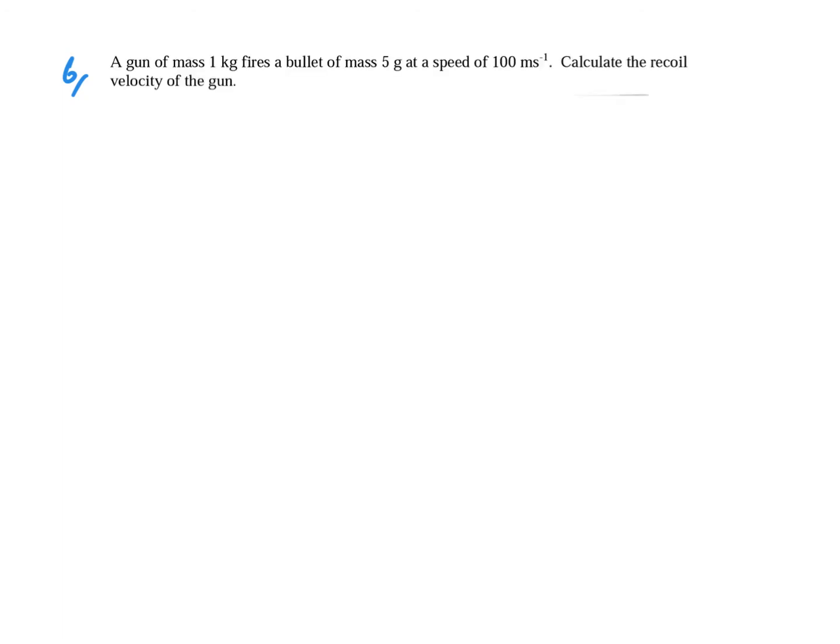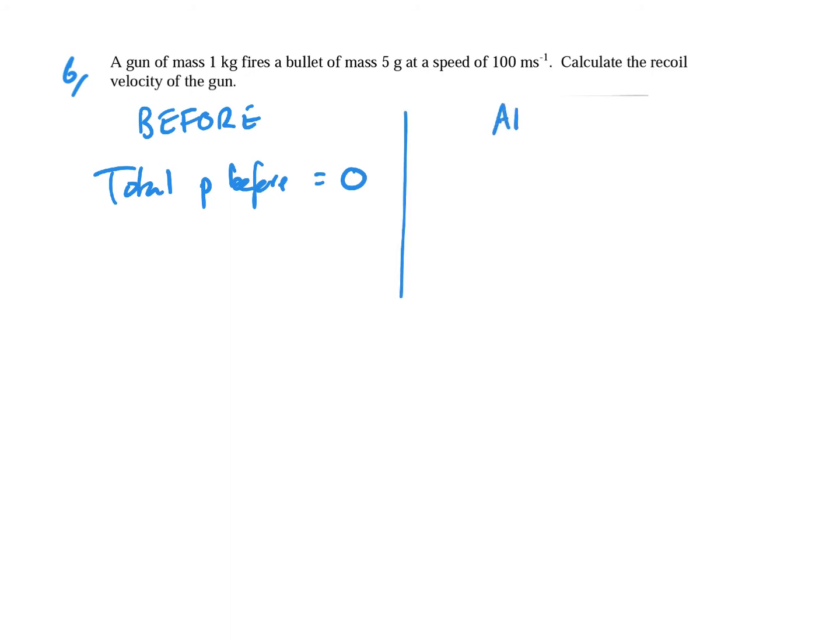So our before just becomes quite simple. Total P before equals 0. And then our after, okay, we have the bullet. Doesn't matter which you define to be going in which direction, but we'll have the bullet, which is 5 grams, moving at 100 meters per second.